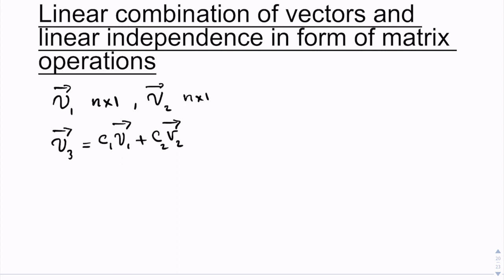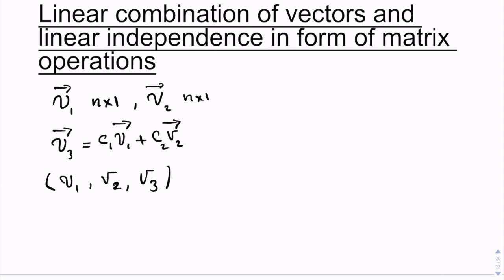That means if I have v1 and v2, and also if I have the c1 and c2, then I can generate v3. In other words, if I'm in a space that we have v1 and v2 and v3, I don't need to have v3. By having v1 and v2, and also c1 and c2, I have all info to form vector 3. So that means in here v3 is linearly dependent on v1 and v2.